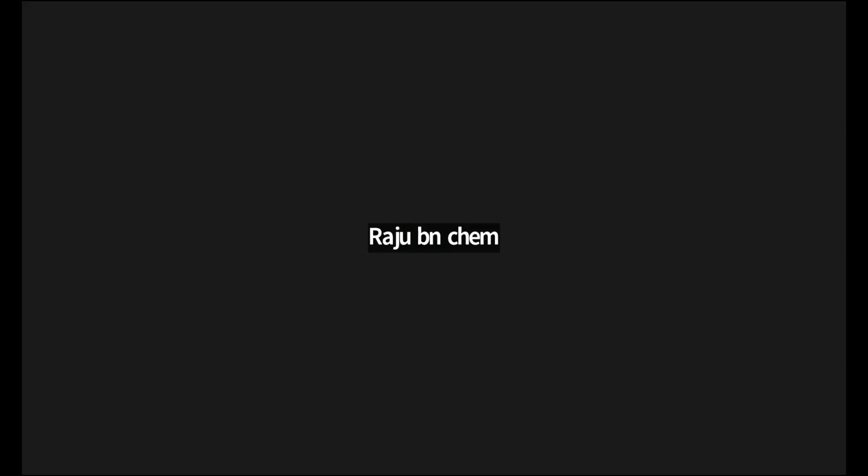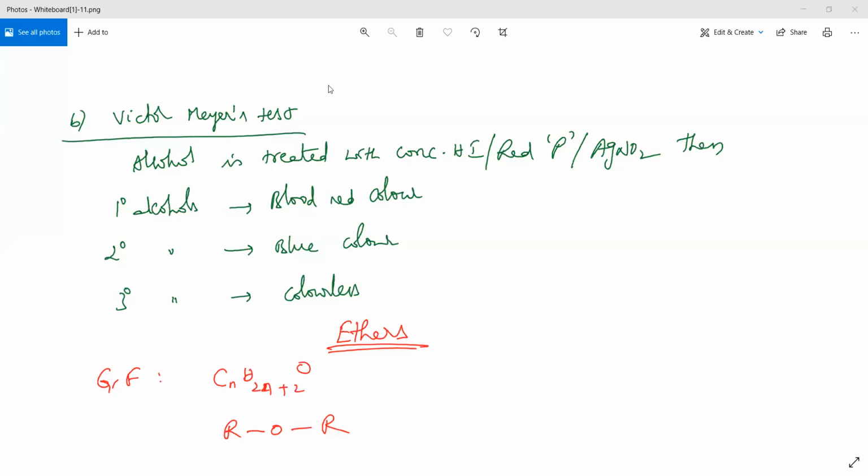Then Victor Meyer test. Now we are discussing the distinguishing of alcohols. When alcohols are treated with concentrated HI, followed by red phosphorus, and finally silver nitrite, primary alcohols give blood red color.